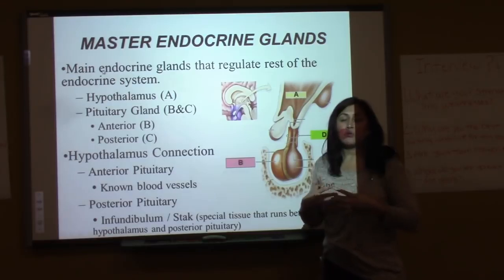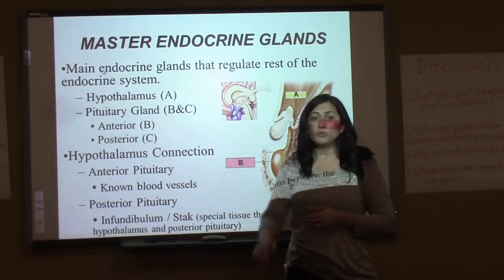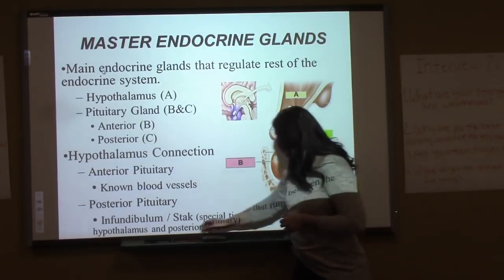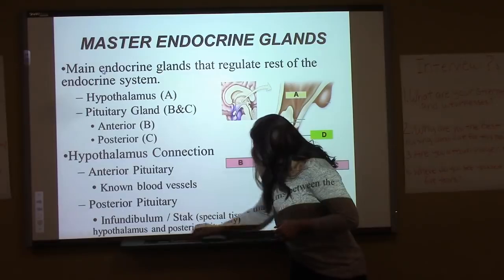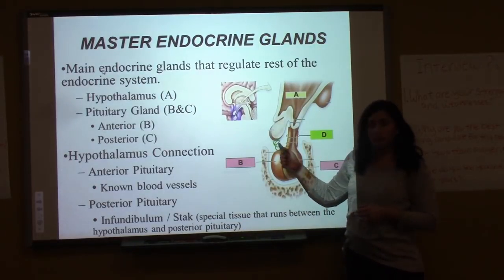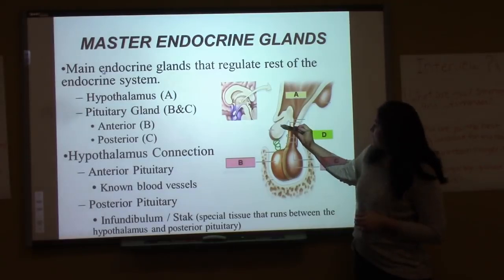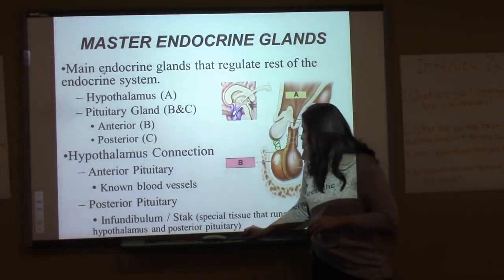It has its own set of blood vessels that only span from the hypothalamus to the anterior pituitary. So as you can see, these are specialized blood vessels that only span from the hypothalamus into the anterior pituitary.